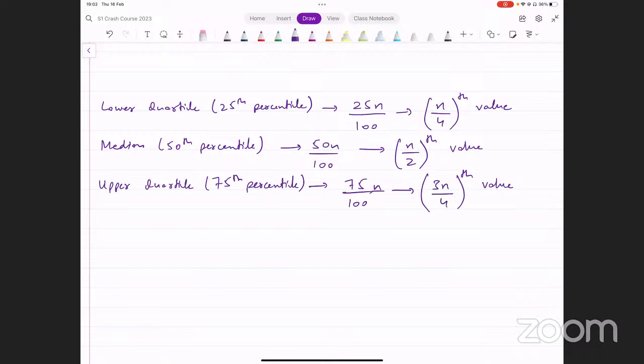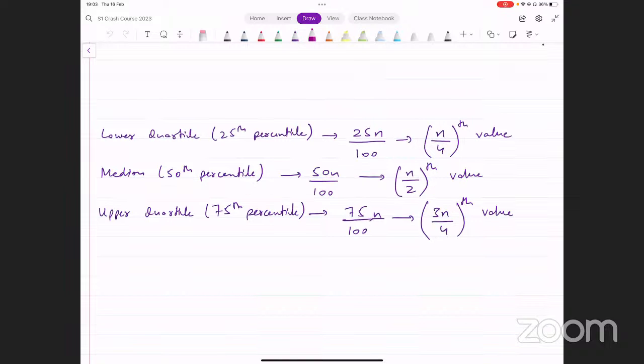Now, you don't use these formulas for ungrouped data. These are formulas used for grouped data, or data that is represented in a cumulative frequency curve. So when are you going to use these formulas?